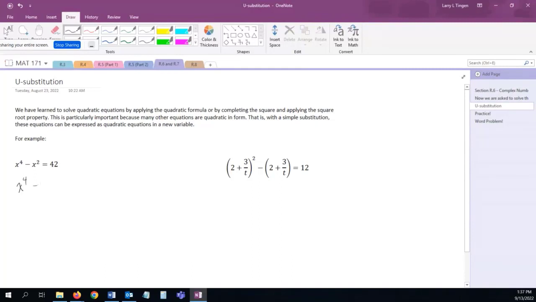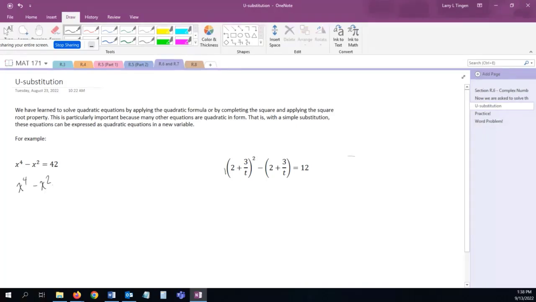If I get everything on one side, that's going to be minus 42 equals 0. If I squint my eyes a little bit, if that were x squared minus x minus 42, we could factor this, right? Everybody would be able to factor that. 7 and 6, and negative 7 and a positive 6 to be specific.